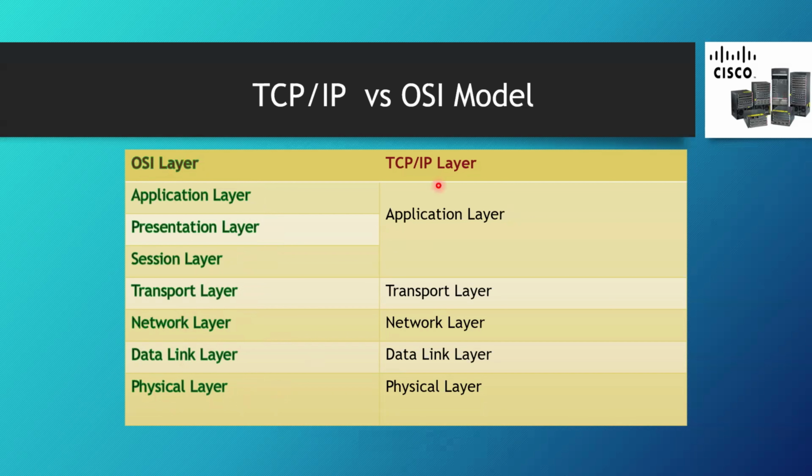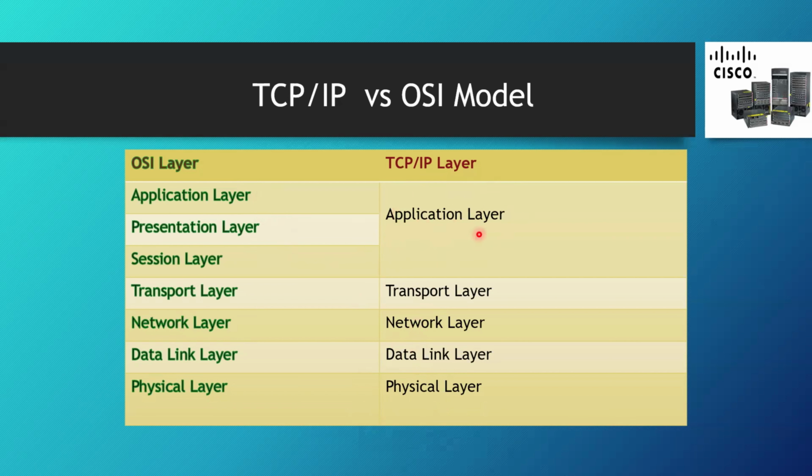And as part of the TCP/IP model, we have the physical layer, data link layer, network layer, transport layer, and you can see these 3 layers have been merged into the application layer. They're actually very similar, but the only difference is that in TCP/IP, the application layer combines these 3 layers together.